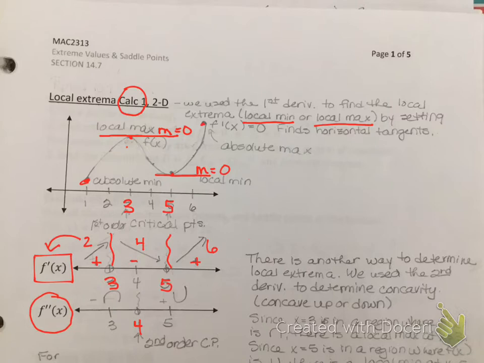If you were concave down, there must be a local maximum at that value. If you were concave up, there had to be a local minimum at that value.